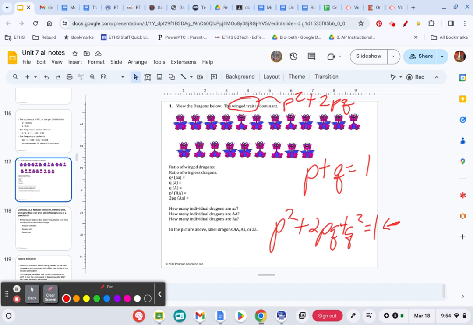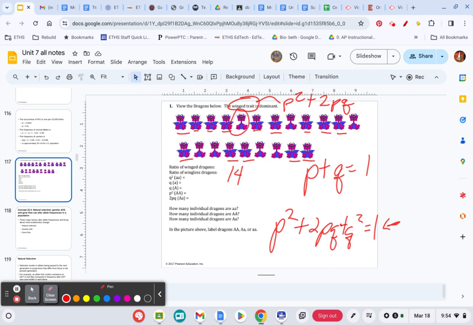It is asking you for the ratio of winged to non-winged, and I can count them up: 1, 2, 3, 4, 5, 6, 7, 8, 9, 10, 11, 12, 13, 14 of them are going to be winged. I'm just going to say 14.